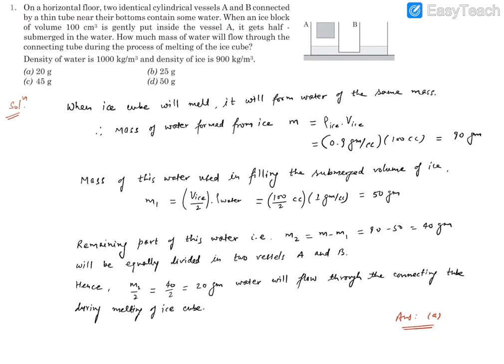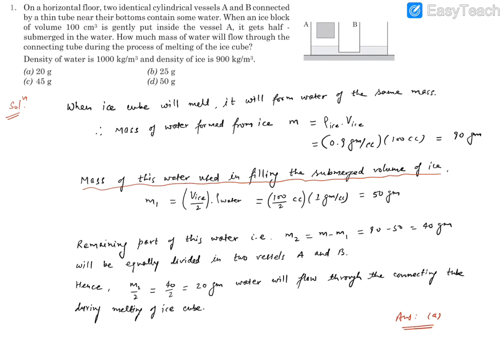Now, when this ice was partially submerged, half of the volume of ice was inside water. So whatever new water is going to form, first the new water is going to fill the gap that is going to be created by the melting of ice. Or we can say whatever volume of water the ice has displaced, that volume has to be filled. So for that I've written the next line: mass of this water used in filling the submerged volume of the ice, which has displaced the liquid.